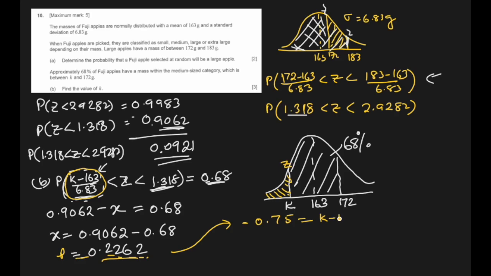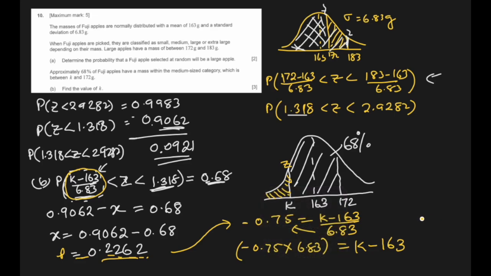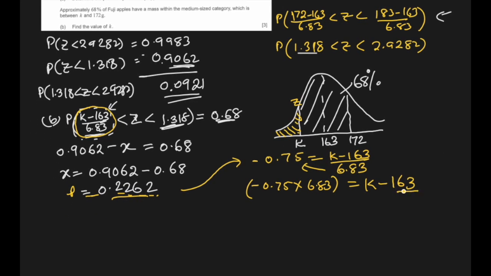That is the z-score, K minus 163 over 6.83. Cross multiply. So we get negative 0.75 times 6.83 equal to K minus 163. Now what we can do, we can bring this 163 here.